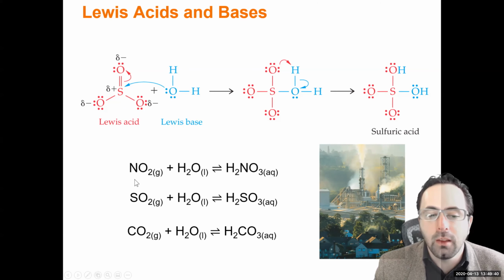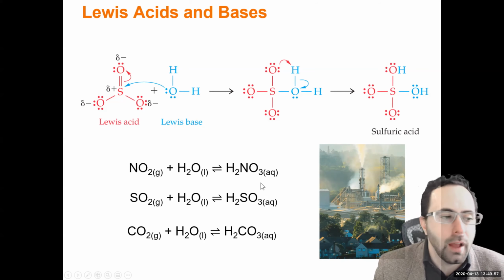And all of these other gases do it as well. NO2, SO2, CO2, these can all react with water in this fashion and make acids. And that is why pollution often leads to acid rain. You may have heard of acid rain before.